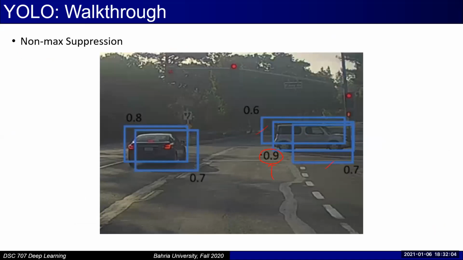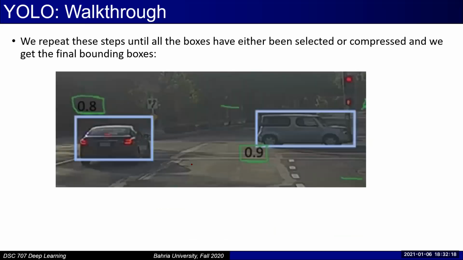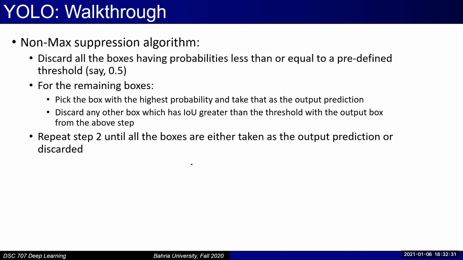Then we pick the second maximum, which is 0.8, and discard all those which overlap with it above a certain IOU threshold. It's exactly the same thing you already know. Eventually, non-maximum suppression helps you get rid of the detections or localizations which are all referring to the same object.